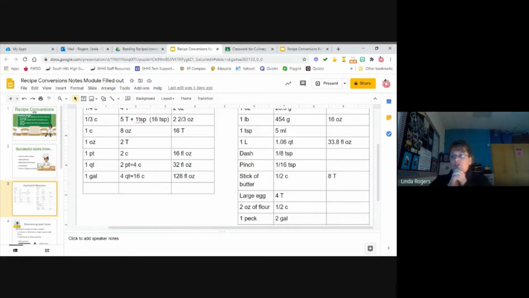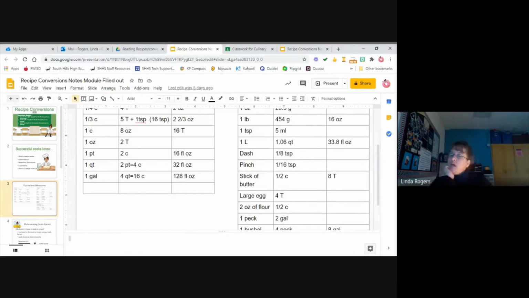Raul, how much butter would you do? If it said 1/2 stick, go ahead and unmute. Raul, can you hear me? Yep. So how much would 1/2 stick of butter be? If 1 stick is 1/2 cup or 8 tablespoons, how much would 1/2 stick be?